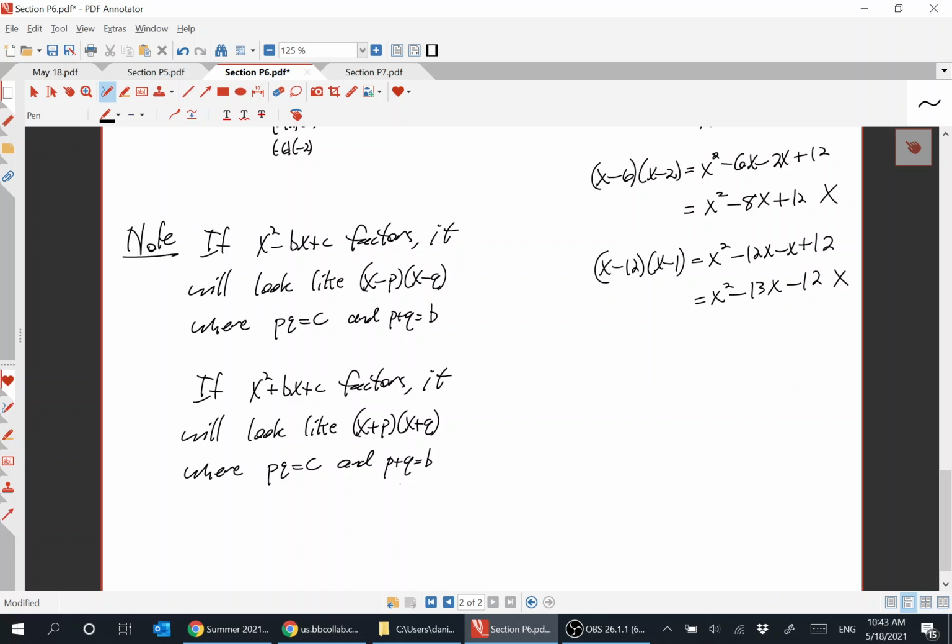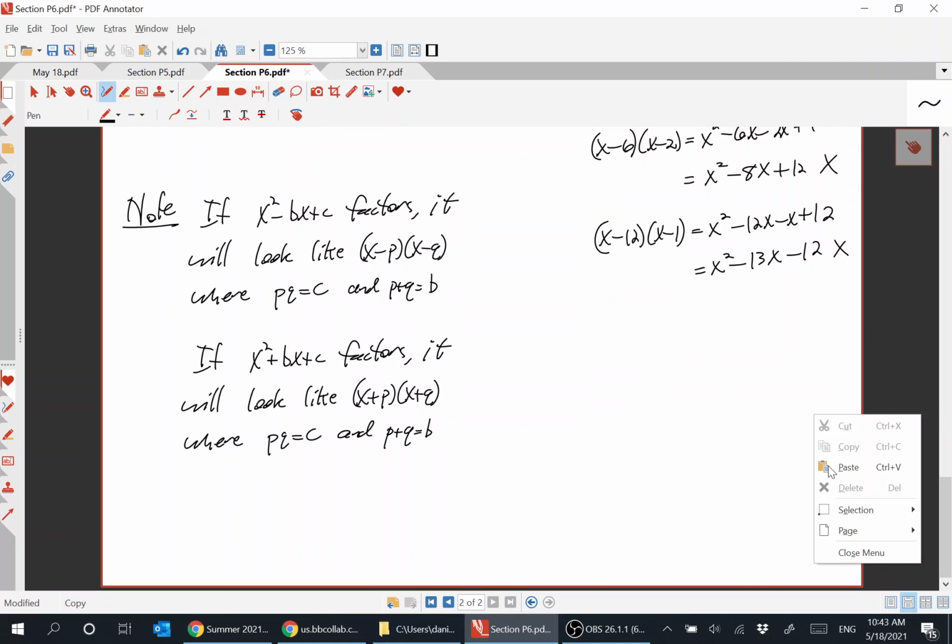All right, so if c is positive, if it's x squared minus bx plus c, then you factor like this, x minus p, x minus q. If it factors, it might not. If you have x squared plus bx plus c, then it's going to factor as x plus p, x plus q, if it factors.